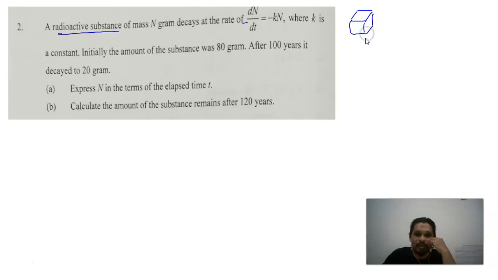We state the time at the beginning of the experiment, where t naught equals 0, and the weight of this mass is what we call the initial mass. After some time, the current weight of this is 80 grams.